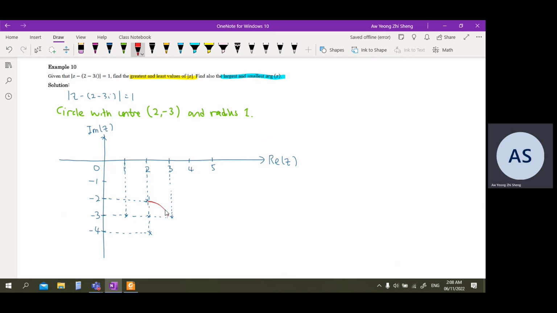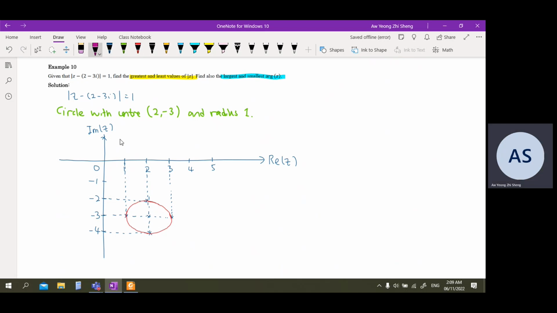So let me draw the circle. Yeah, my circle here looks a bit ovalish because I didn't use a ruler to measure the scale. But if you measure your scale using ruler, it should be a nice looking circle. Anyway, it won't affect my calculations.